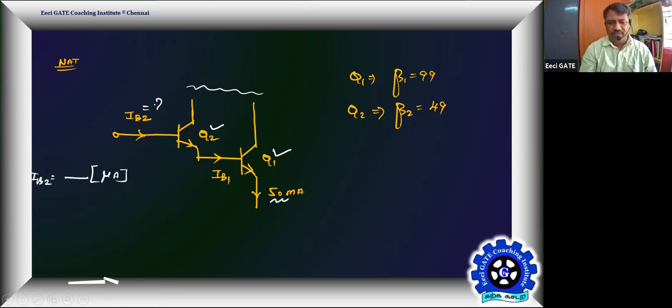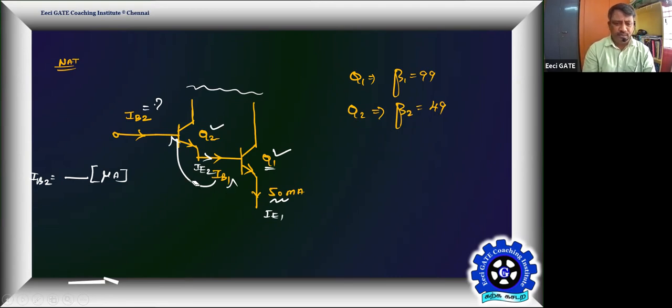Given this current as 50 microamps, transistor Q1's beta is 99, and transistor Q2's beta is 49. That's very easy. Reflect your emitter current IE1 to IB1, and IB1 to IB2. IB1 is the same as your IE2. With this, we can easily answer the problem.